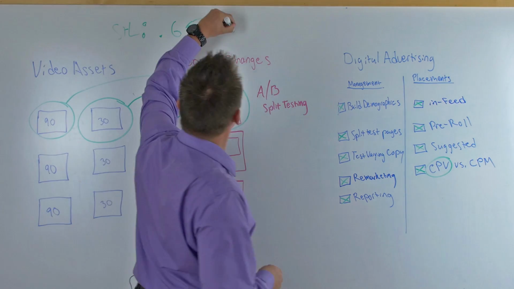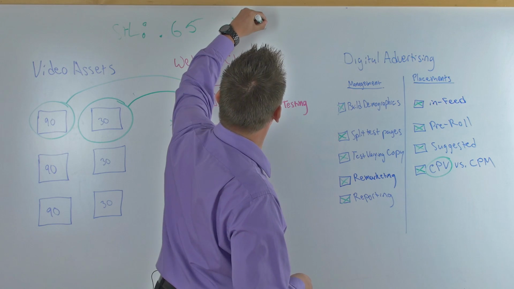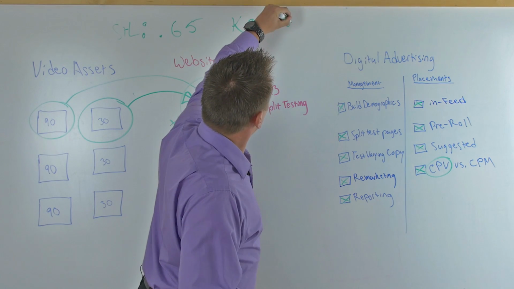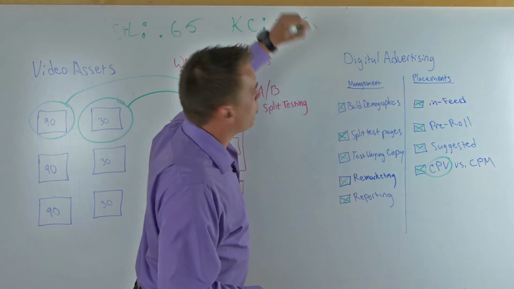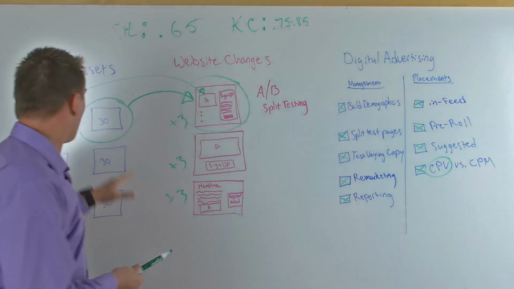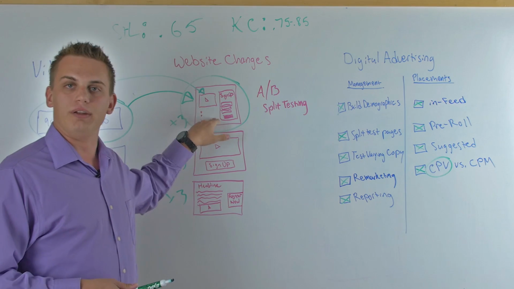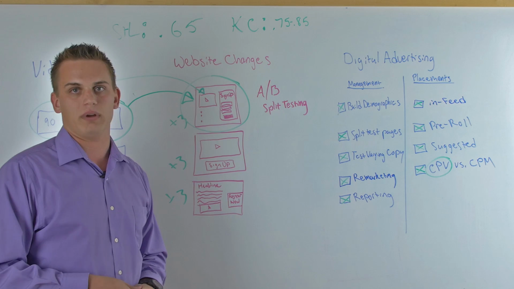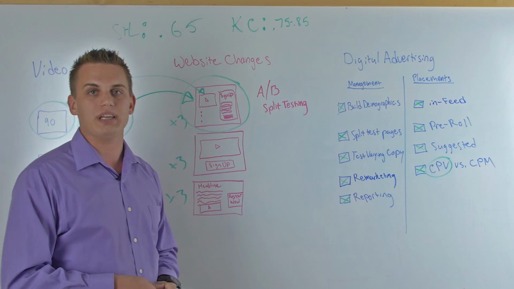In Kansas City, when we work with clients in that market, we're paying about 75 to 85 cents per view. Now again, these are all valuable views because people are engaged and able to click and do business immediately, which is something you don't have on TV or radio or any of these other traditional mediums.